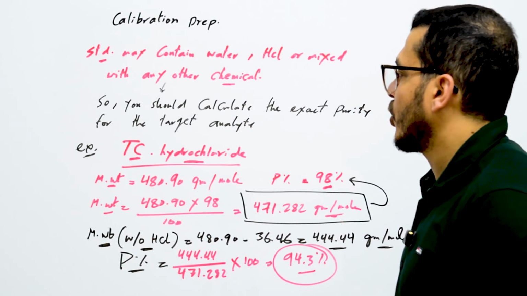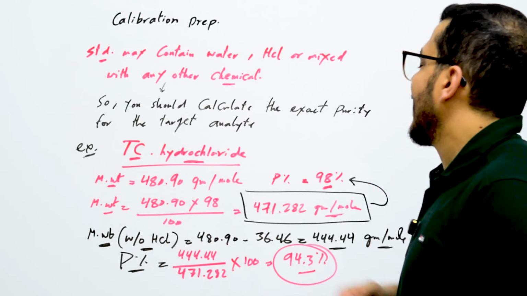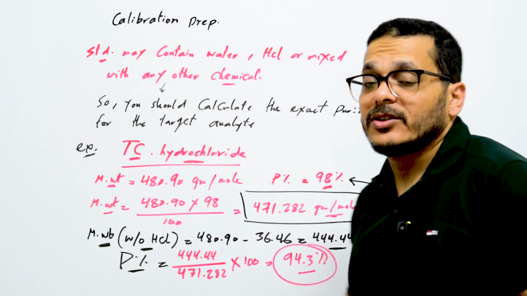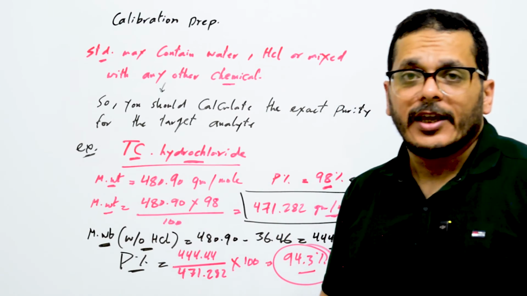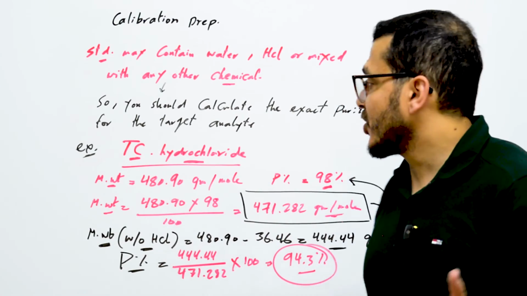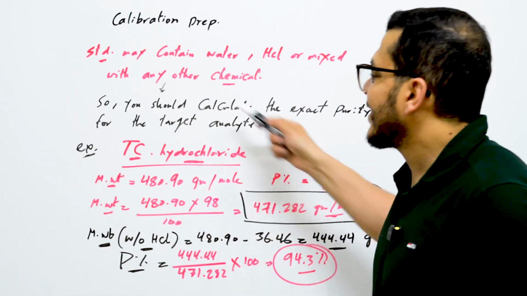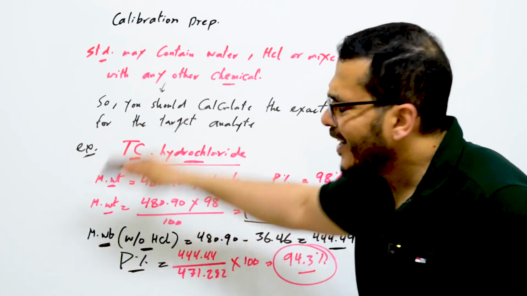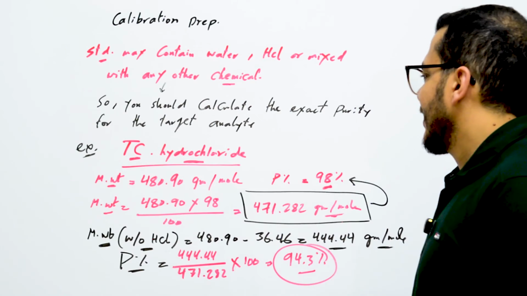As an example here, tetracycline hydrochloride. It's not only tetracycline, but tetracycline hydrochloride, so mixed with HCl. So you should calculate the purity of only tetracycline without HCl.